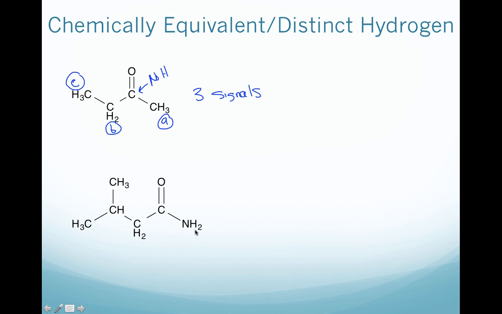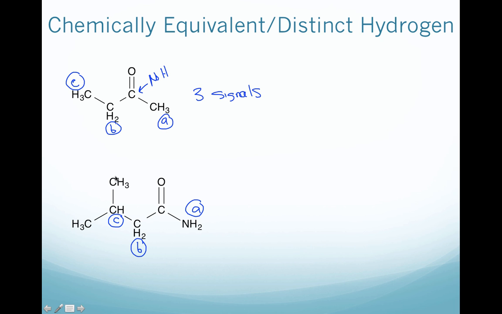This next one, we have an NH2. Well, the hydrogen on that nitrogen are one type. We have a CH2, that's a second type of hydrogen. We have this hydrogen on this tertiary carbon, the CH. Okay, that's a different type.